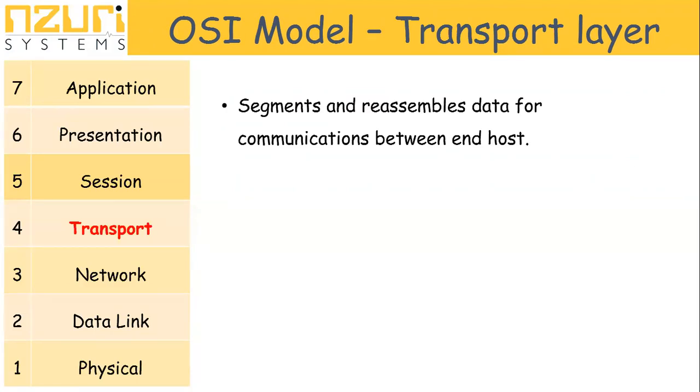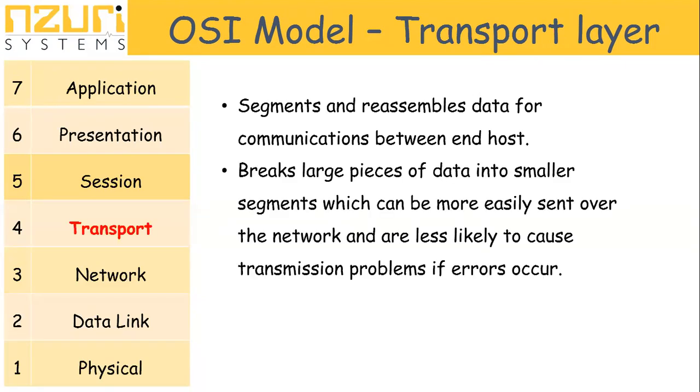Now, the transport layer segments and reassembles data for communication between end hosts. As data sits on our PC as very large chunks, like if I want to access a file of 1 gig, I can't send 1 gig in a single transfer. Get it?